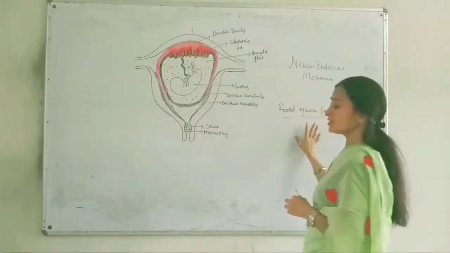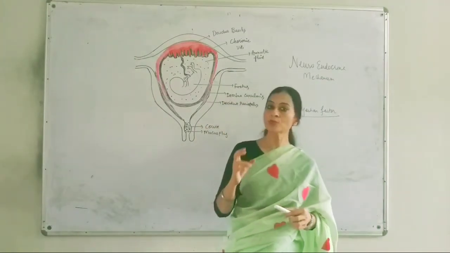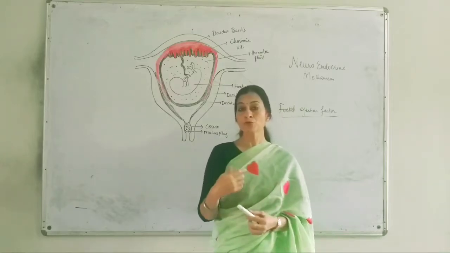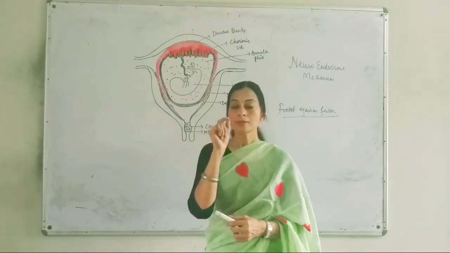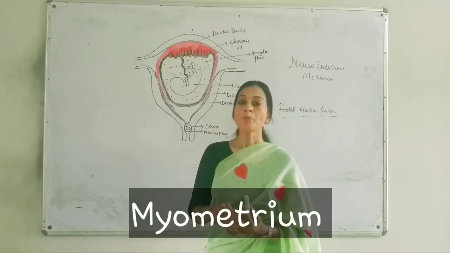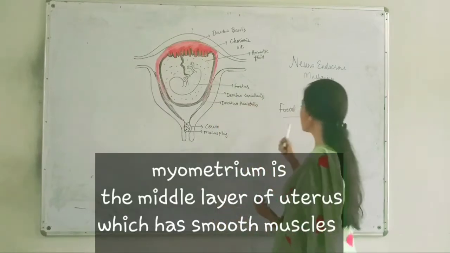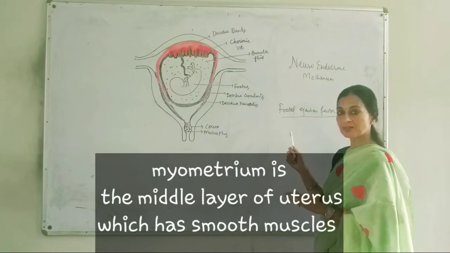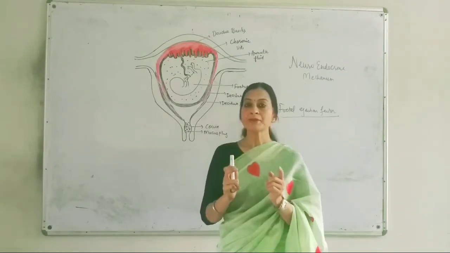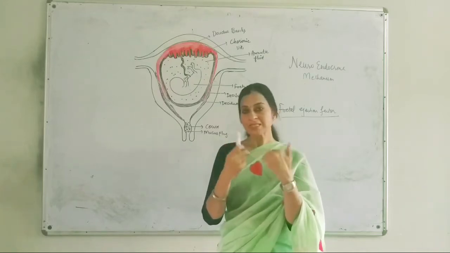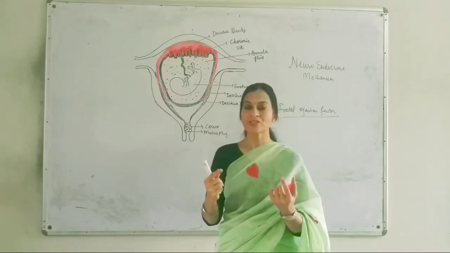Now, when this factor is released, there are some changes in the uterine wall. I have to mention the name of the special layer which will help in this process. The name of the layer is myometrium, which has smooth muscles. When this factor is released, the uterine wall or the myometrium receives those signals and starts undergoing mild contractions.